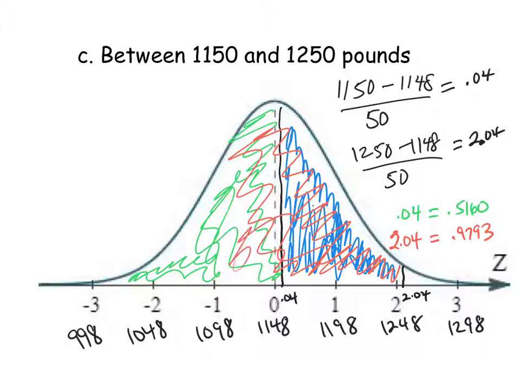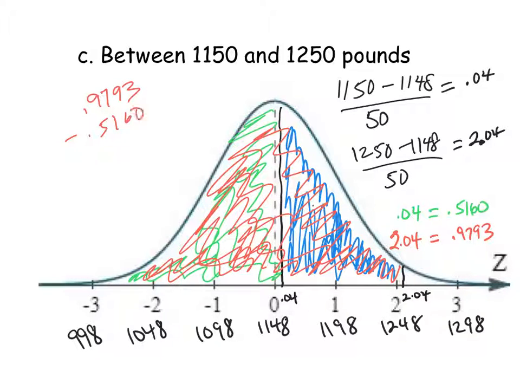Now this is getting kind of messy, but if you think about it for a little bit, if I take the red area and I subtract the green area, then what's left is my blue, which is what I want. So to find my final answer, I'm going to take 0.9793 and subtract 0.5160.